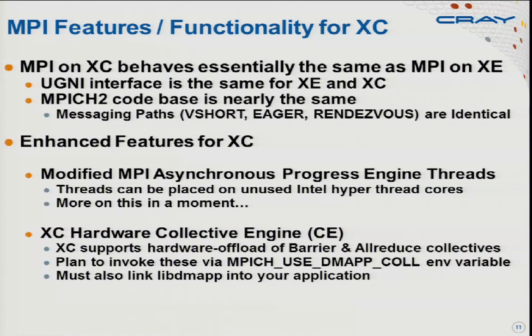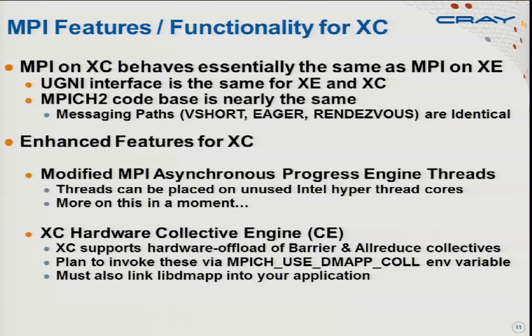If you ever wanted to read a man page and play with the environment variables, those environment variables are all still there and all mean the same thing. Their defaults are the same in terms of eager and rendezvous, which we'll talk about more this afternoon. If you were into that stuff, it's going to be there again.